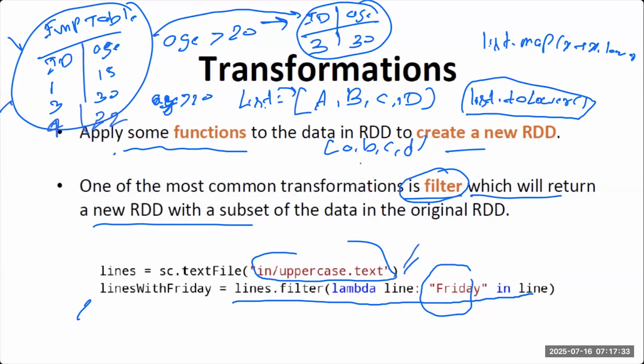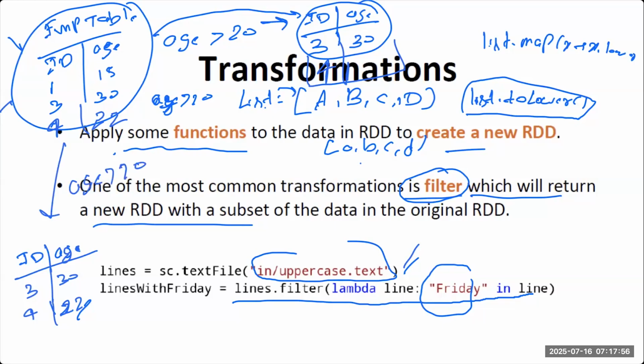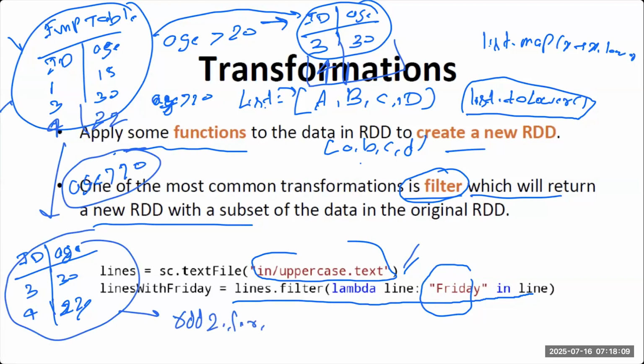I'm filtering age greater than 20, so I will get two records: ID 3 with age 30, and ID 4 with age 22. This filter, where age is greater than 20, is a transformation. Let's give this RDD the name RDD2, and on it I apply RDD2 dot first.